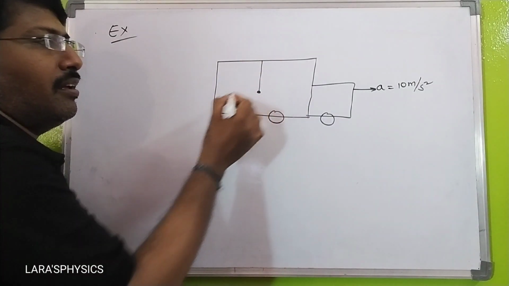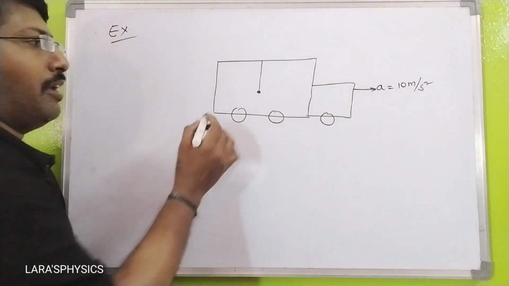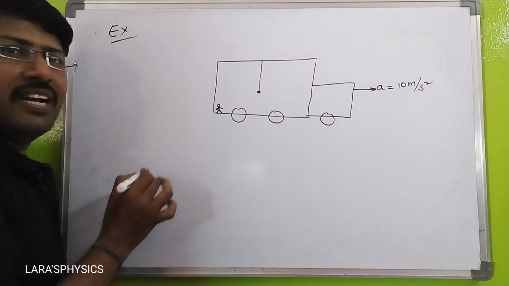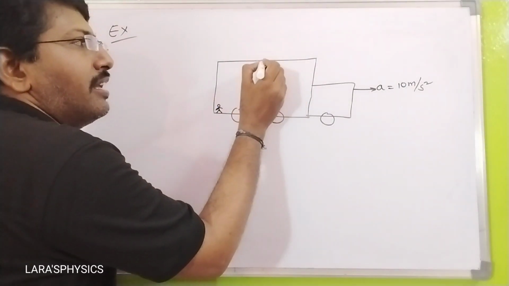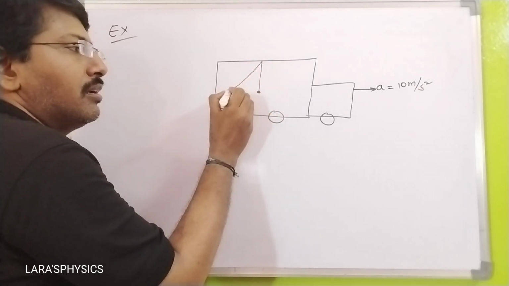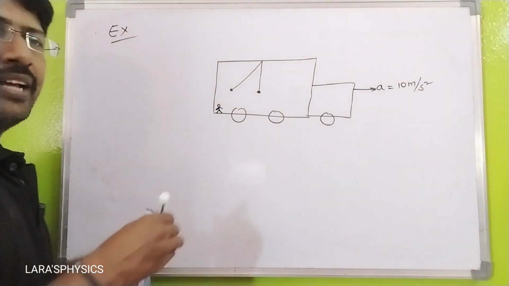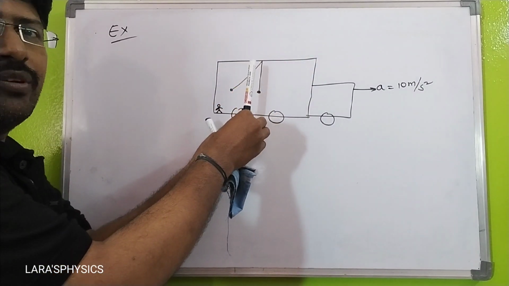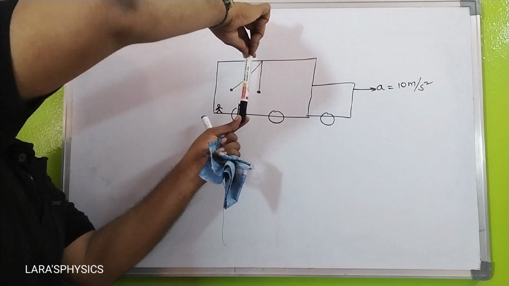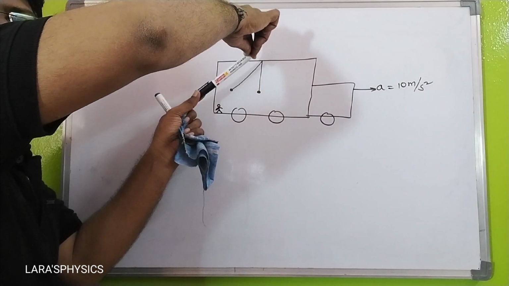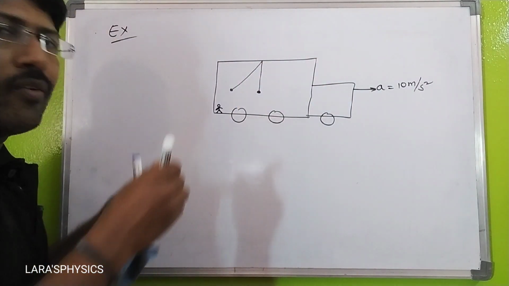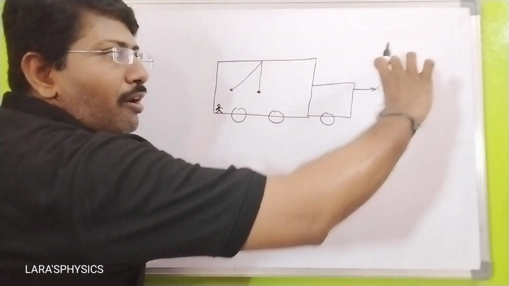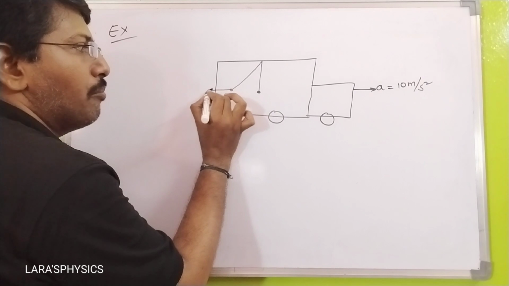This is a non-inertial frame; I sit inside the trolley and observe. Initially when the trolley is at rest, the pendulum hangs like this. When the trolley starts to move, the pendulum comes like this. At equilibrium, when the system is moving in the forward direction, pseudo force F is acting in the backward direction.